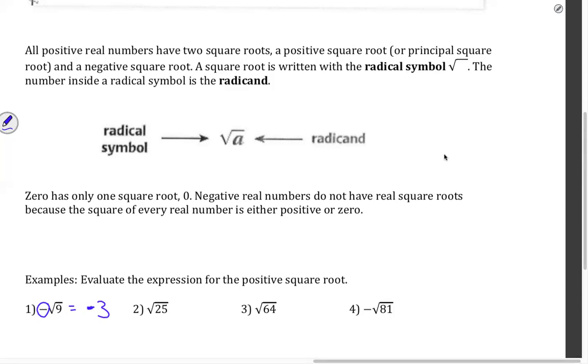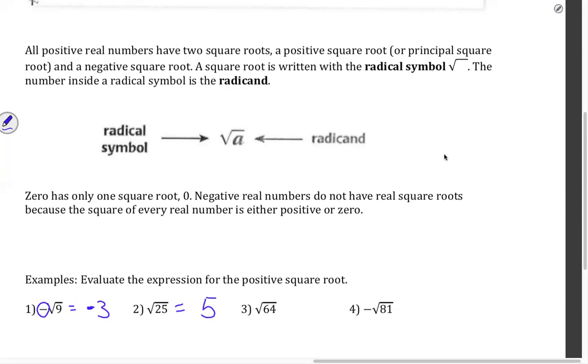So my answer is -3. For 25, notice there is no sign outside, meaning I want the positive version. So I find 25 on my red column, and I trace it over to the green column, and I see that my answer is 5.